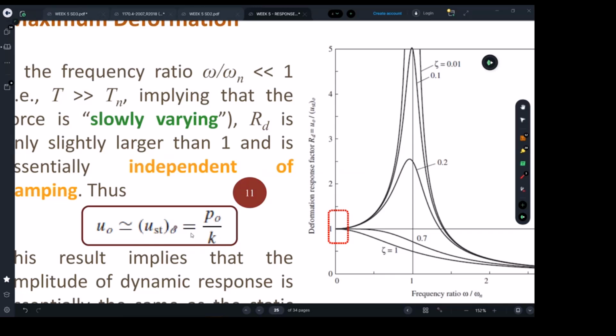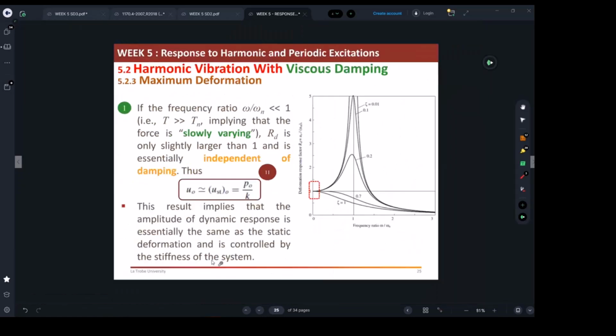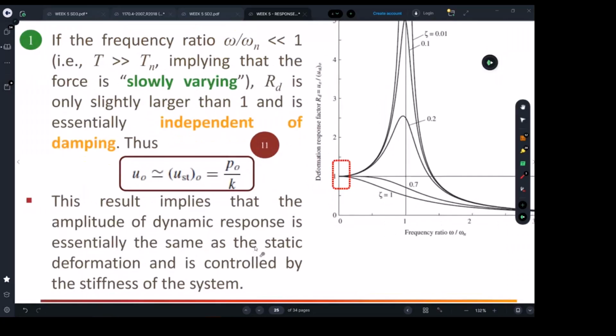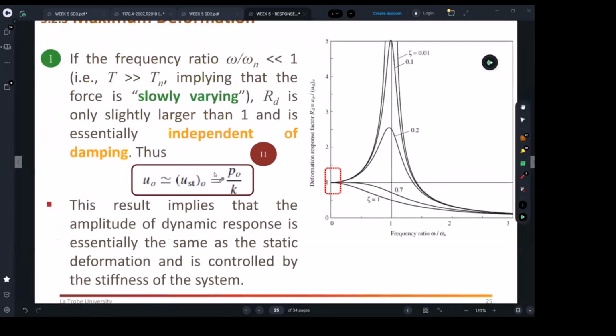So again, when stiff buildings are excited by gentle harmonic motions, the displacement resulting on your structure will be equal to the static displacement. Simply go find the peak value of that curve and divide it by stiffness. As easy as this. Okay, so that's the first condition.